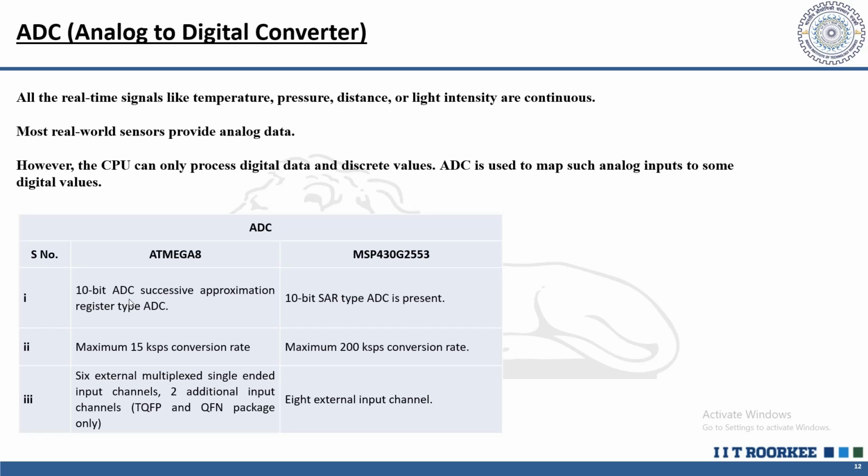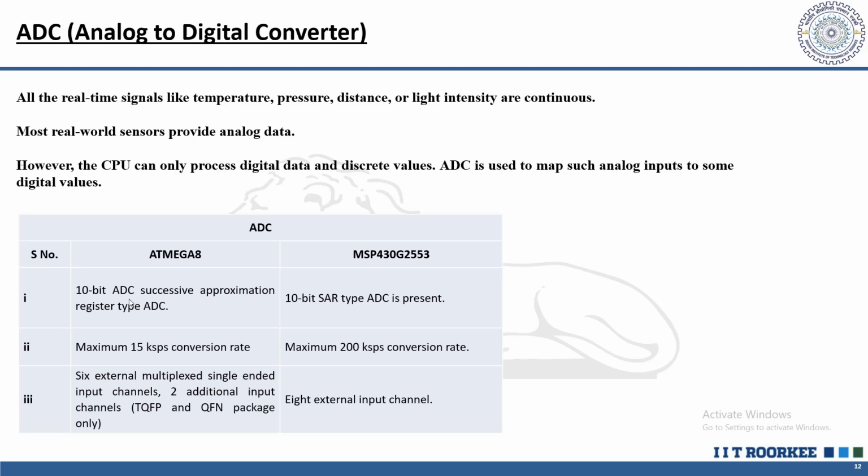In both, a 10-bit SAR, that is successive approximation register type of ADC, is present. In SAR type of ADC, binary search algorithms are used in order to compare the external input signal with some predefined values.